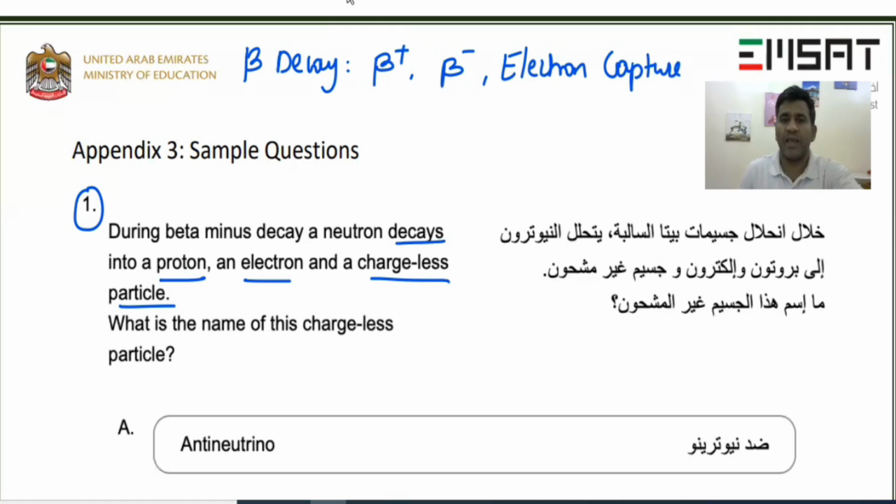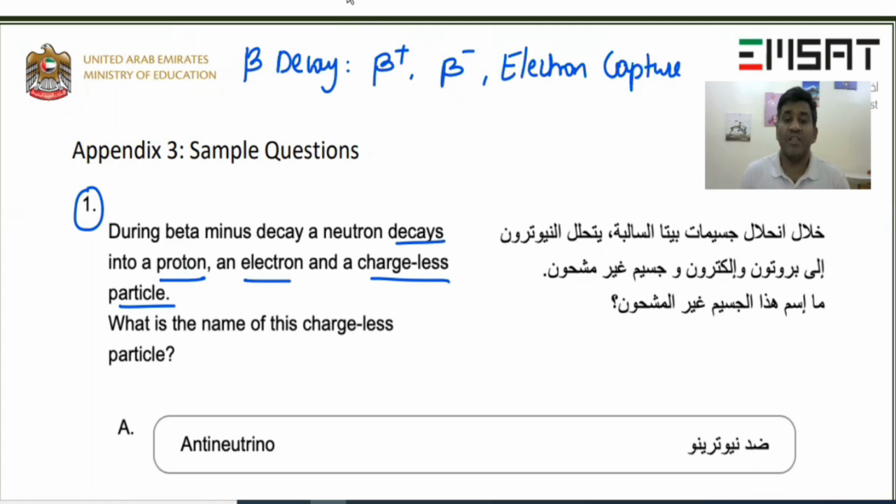In beta plus decay, a proton will be converted into a neutron by accepting the electron surrounding, and in beta minus decay, a neutron is broken down into a proton and an electron. Electron capture is simply a process where the electron revolving around the nucleus will be captured by the nucleus, and a proton in the nucleus will be converted into a neutron. So these are the different categories.